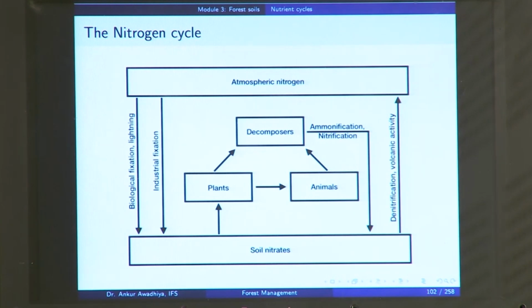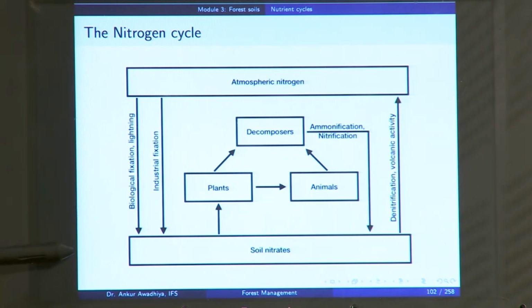Now, in the case of the nitrogen cycle, you have two major pools that hold this nitrogen. The first is the atmospheric nitrogen. We all know that as much as 78% of the air is comprised of nitrogen gas, N2. So, most of the nitrogen remains in the form of nitrogen gas present in the atmosphere.